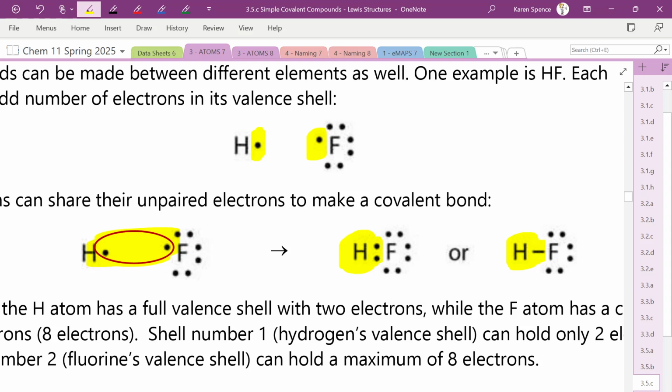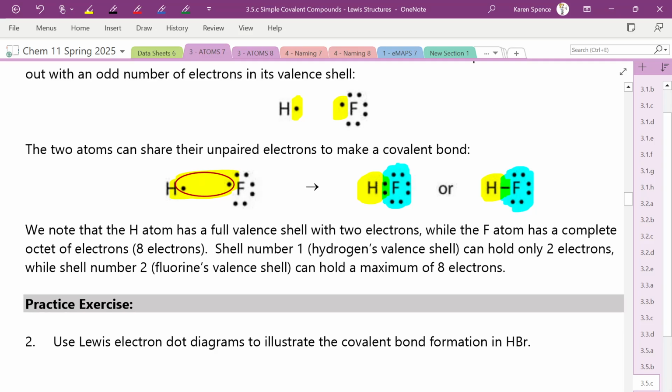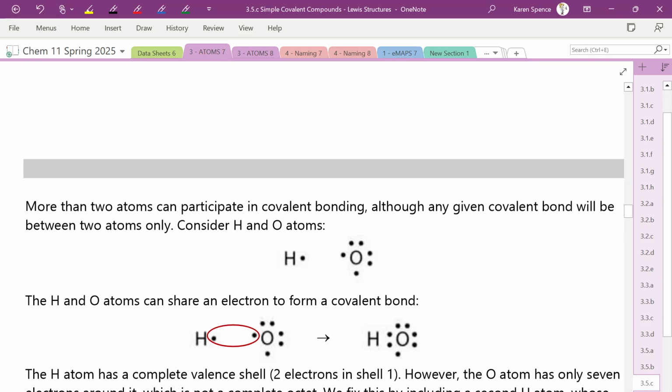How many electrons does it give fluorine? In total, it gives fluorine 8 electrons. Remember, you always count the line as 2 electrons. There's some practice here. We're not going to do that.